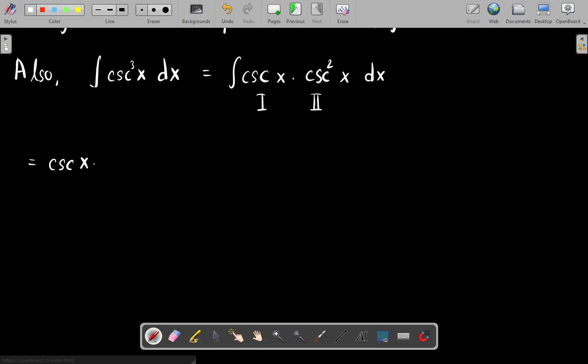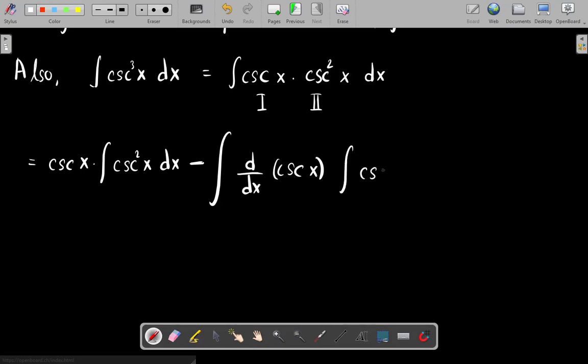We have cosec x times the integration of cosec square x dx, minus the d/dx of the first function, which is cosec x, times the integration of cosec square x dx, and this dx is for the outer integral.